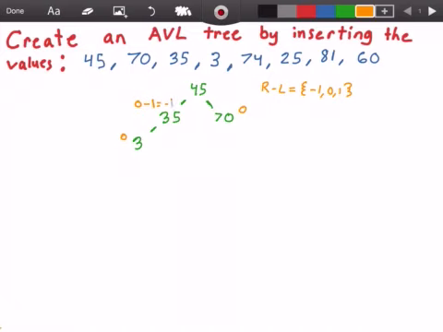So that gives a value of -1. So it's still considered balanced. And then 45 has a balance factor of 1 minus 2, which gives us -1.